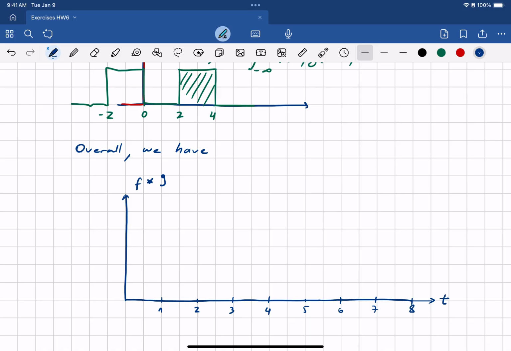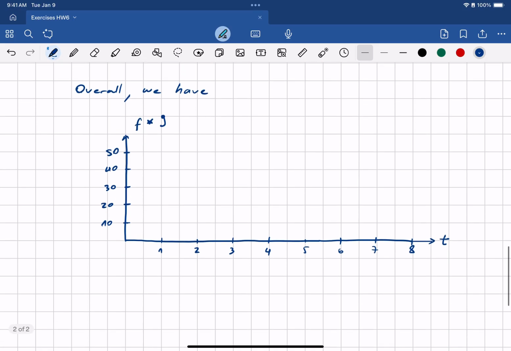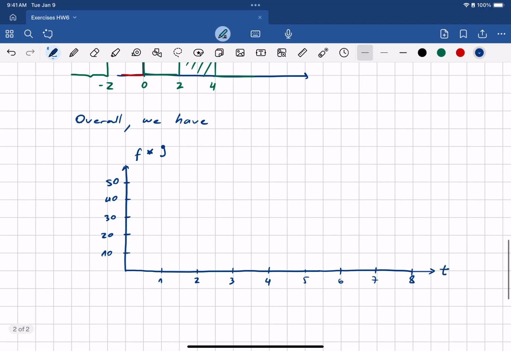So from 0 to 2, the function is increasing, right? From, let's say, 10, 20, 30, 40, 50. So at t equals 1, the convolution is this. At t equals 2, the convolution is this. At t equals 4, the convolution is this value, right?